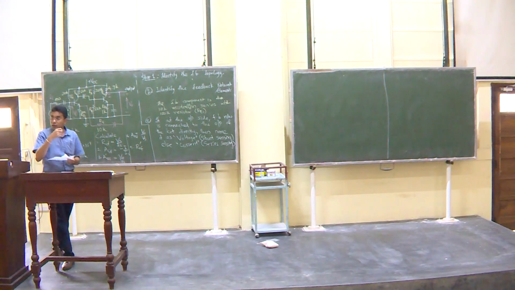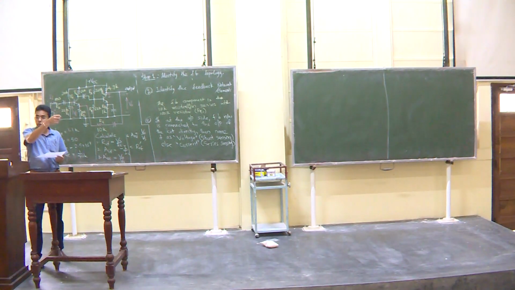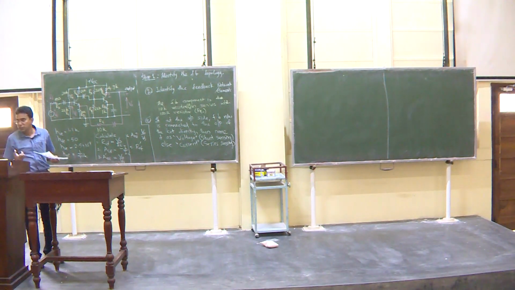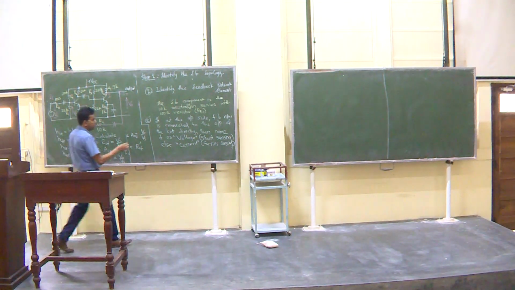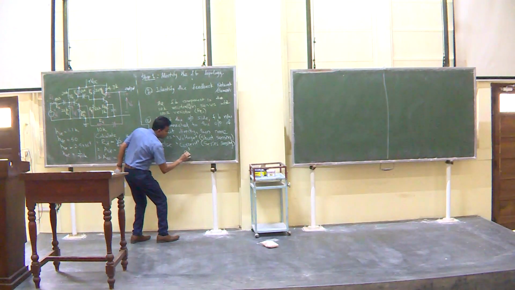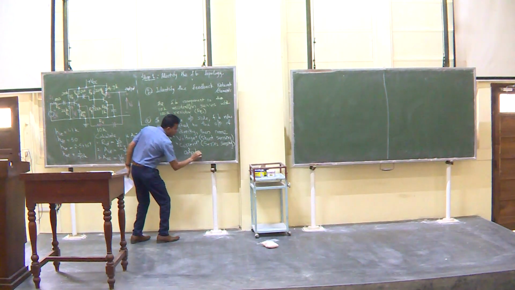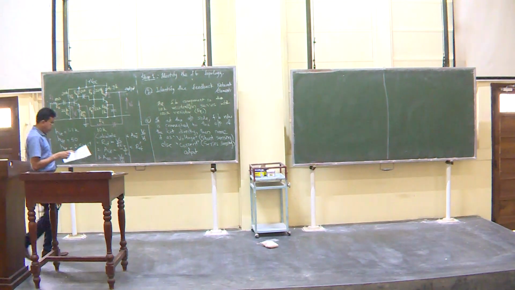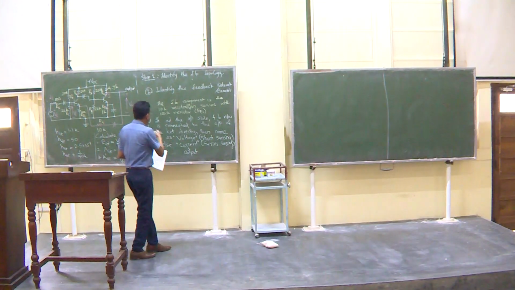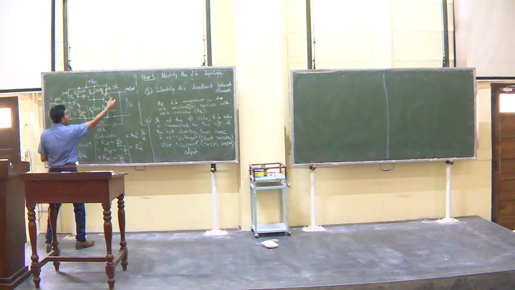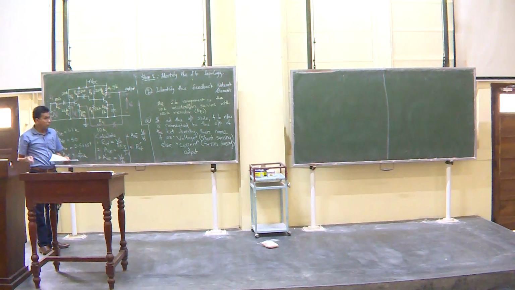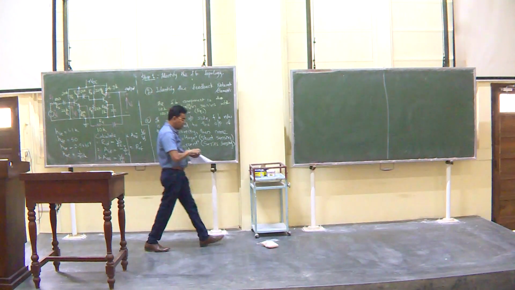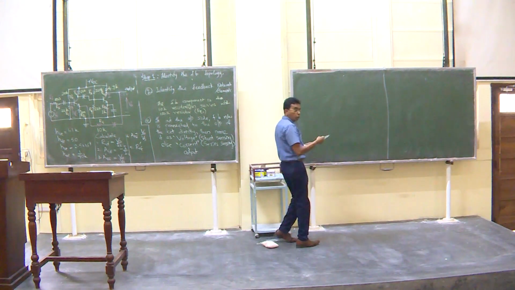This is the output. Output is a voltage or a current. So what is it in this case? Since it is directly connected to this, in my case what we have is a voltage output, right?